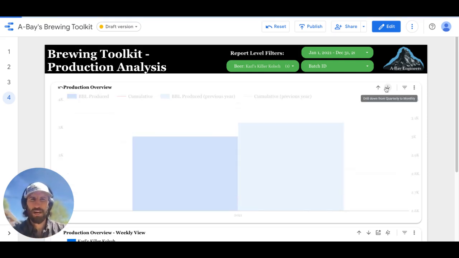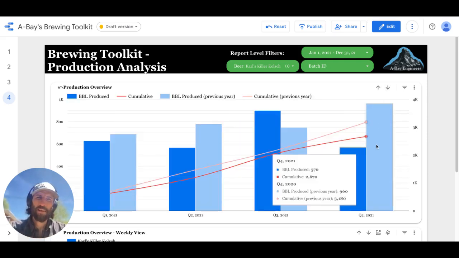So if we drill down here, even on the quarter basis, we can say in Q4 of 2020, we even 3x our production of 2021, or the vice versa. In Q4 of 2021, we're only at 35% of our 2020 production.